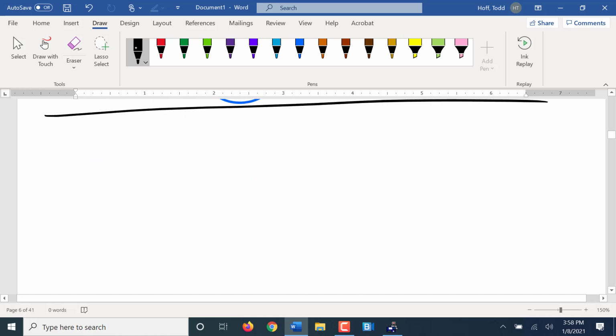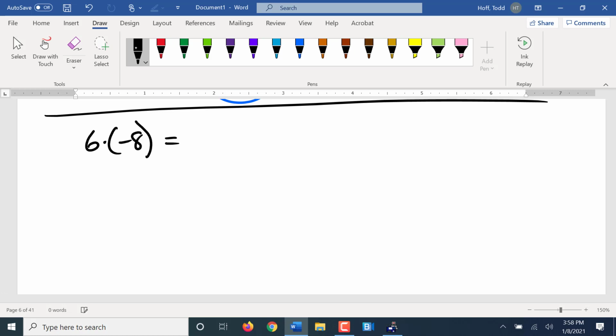Multiplication. Six times negative 8. Well, first, is this going to be positive or negative? Negative. A positive times a negative will be negative. 6 times 8 is 48. So that's a negative 48. If I have a negative 7 times 4, first of all, positive, negative. Negative.